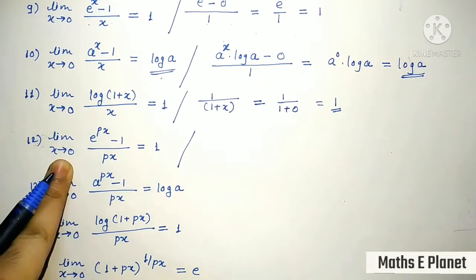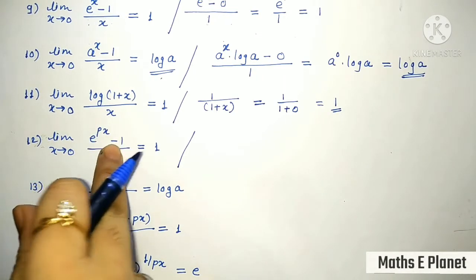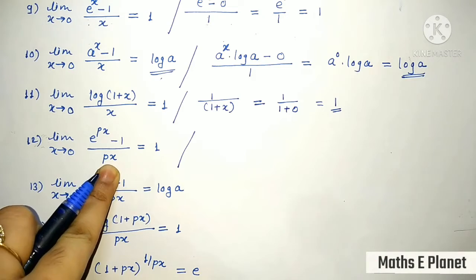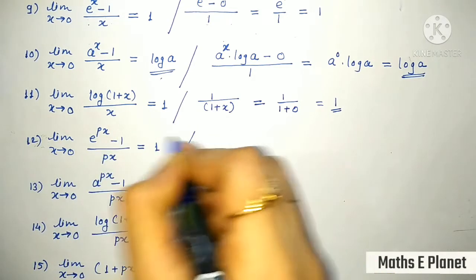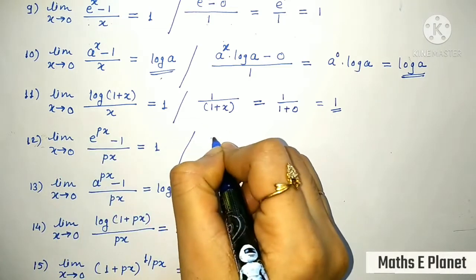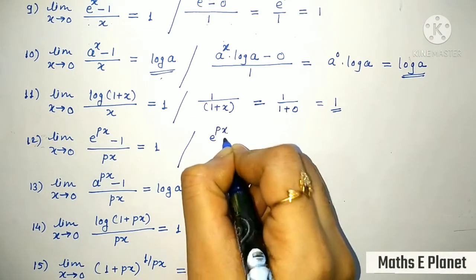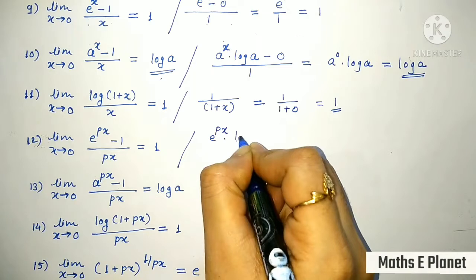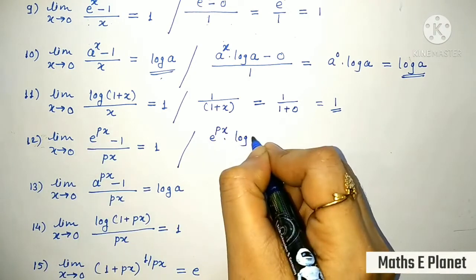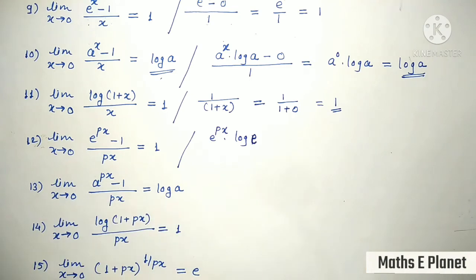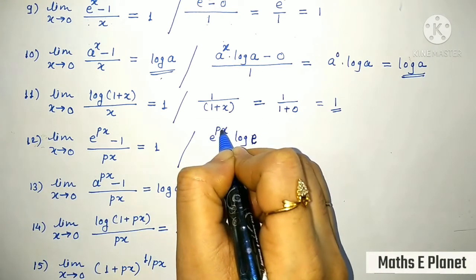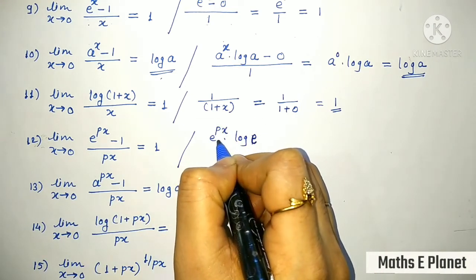Limit x tends to 0, e raised to px minus 1 divided by px. So take the differentiation of the numerator. The derivative of e raised to px is e raised to px into log e into the derivative of px.